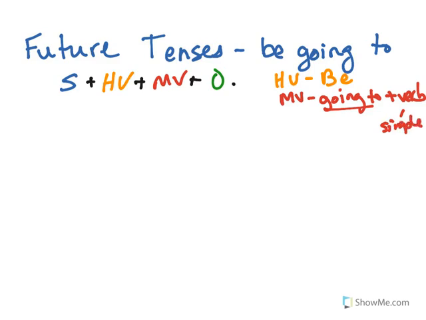The subject, be verb is going to be either am, is, or are.